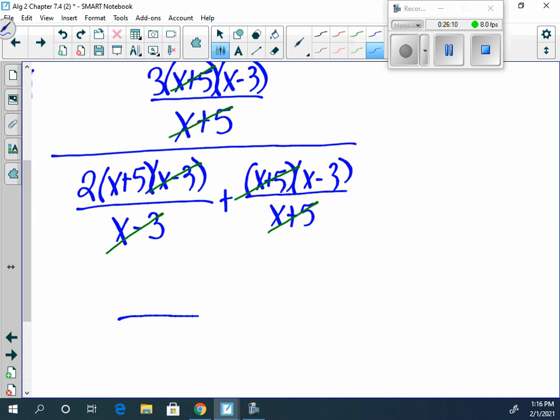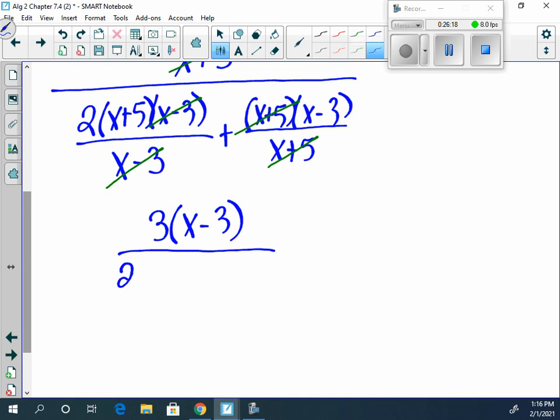So what that leaves us with on top is 3 times x minus 3. Now on the bottom we have 2 times x plus 5 plus x minus 3. So that's what we have left.